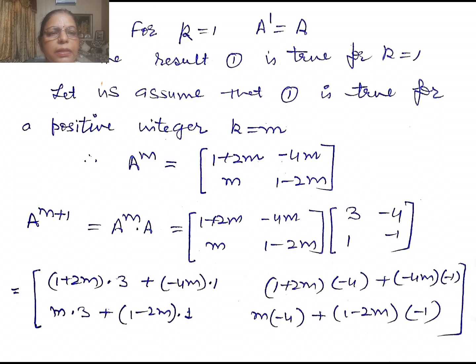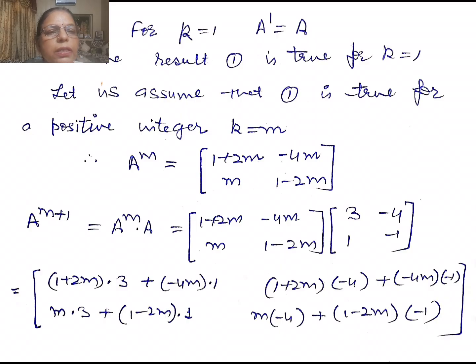When we multiply these two matrices, we get the result. First row: (1 plus 2m) into 3 plus (-4m) into 1, (1 plus 2m) into -4 plus (-4m) into -1. Second row: m into 3 plus (1 minus 2m) into 1, m into -4 plus (1 minus 2m) into -1.